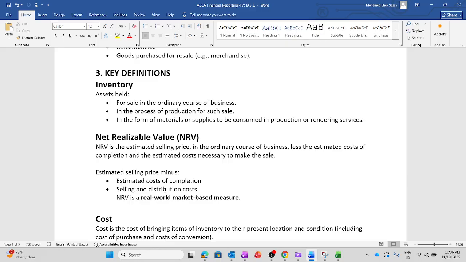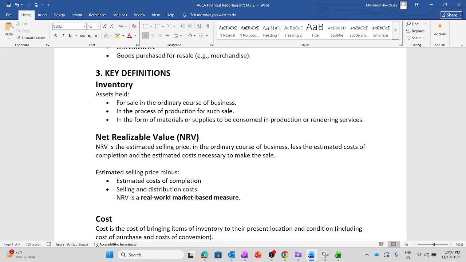So now, if you can remember when I talked about impairments, IAS 36, I mentioned that within the scope of IAS 36, we can't use the impairment concept for inventory, because if we are looking at the valuation under IAS 2, inventory should be valued at the lower of cost or net realizable value.